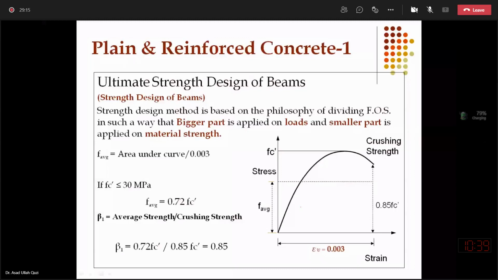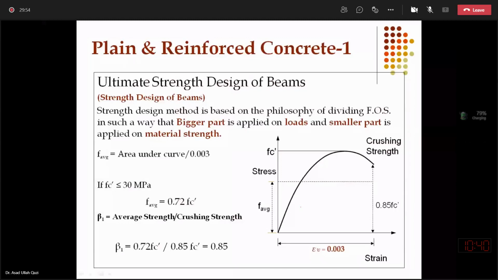The area under that curve gives me the stresses, and multiplying them with the area on which they are present will give me force.